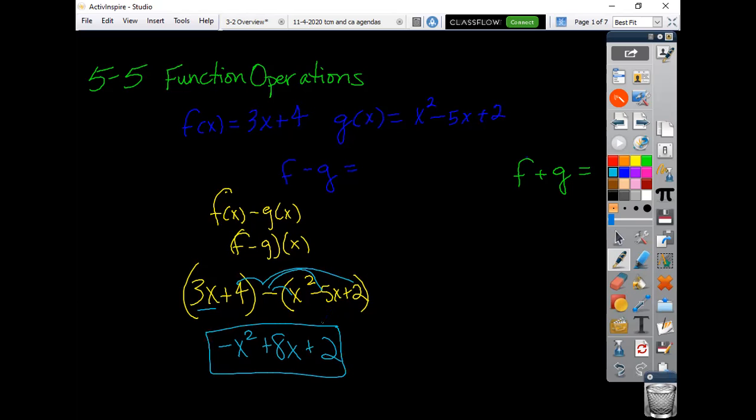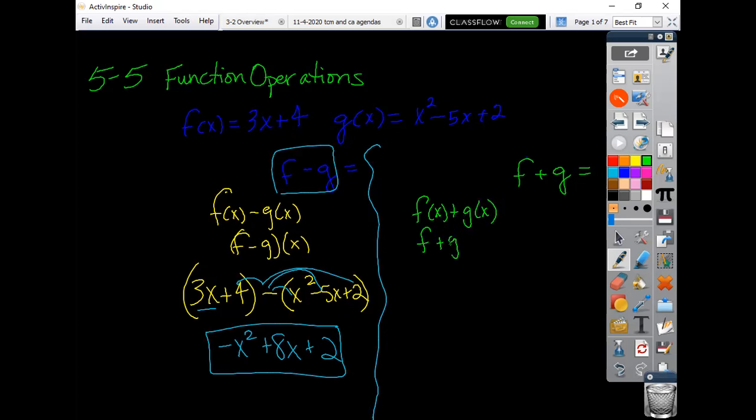So that's all you need to do for the f minus g of x there, or any of those other forms that sometimes it's written in. And then this second one, just add them. So again, this could be the same sort of thing. They might write f of x plus g of x. You might also see f plus g of x. So they're all going to mean to do the same thing.